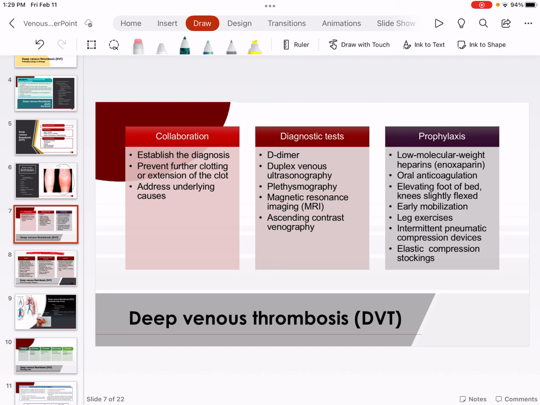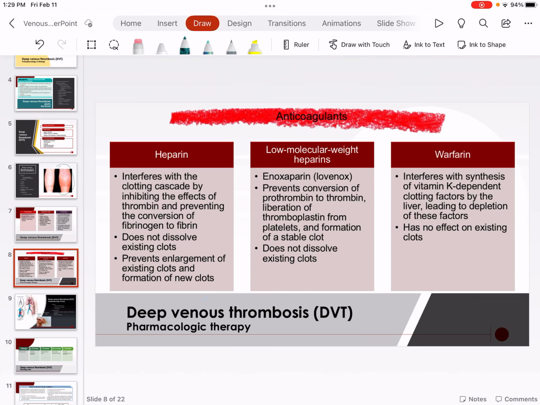So, medications. The patient is not going to be given a medication to break up the clot, to bust the clot, because that's really not indicated here. The body will realistically just absorb this clot over a period of time.